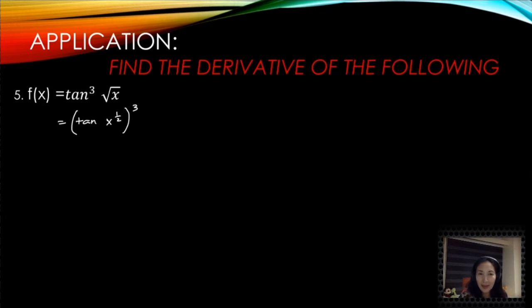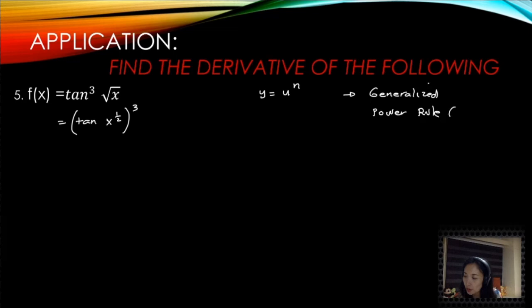Take note that this takes the form u raised to n, your generalized power rule, or GPR.